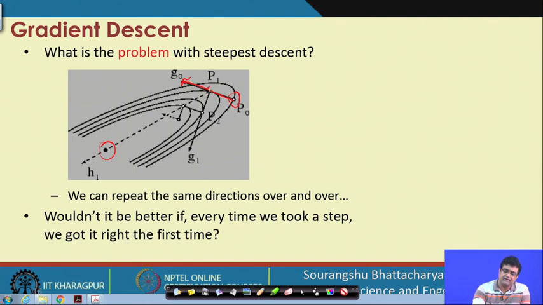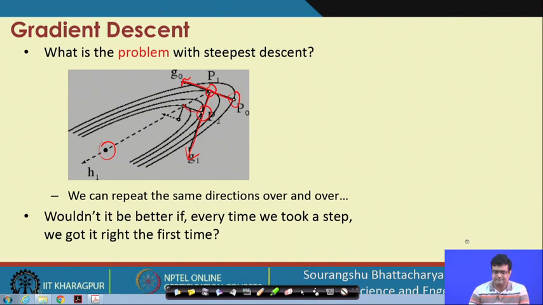So, we find the optimal point in this step, and then at this point again the direction of descent points in this direction, and so on. This is the next point. We see that there is a lot of zigzagging behavior, which leads to very slow convergence of the gradient descent algorithm at some point in time.